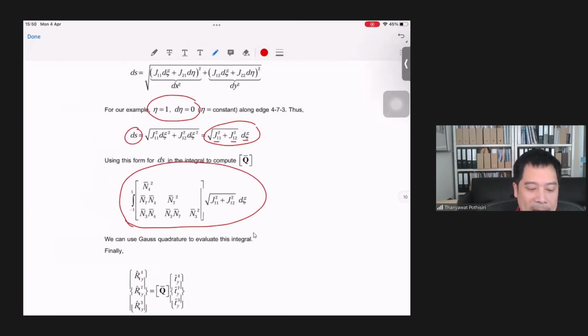Now, in evaluating this integral, again, because you would have a simple domain to deal with, you can also apply a numerical integration scheme to compute this integral as well. So you don't need to compute the integral analytically. You just need to do it numerically.